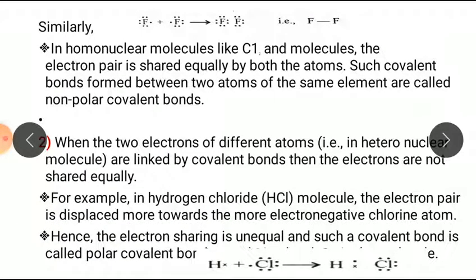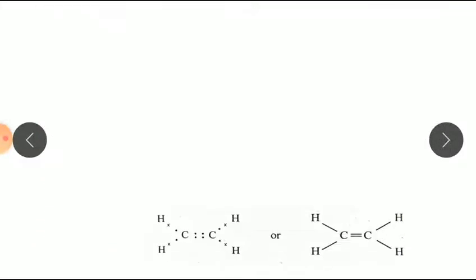Hence, the electron sharing is unequal, and such a covalent bond is called a polar covalent bond. See the example here in the HCl molecule: hydrogen has 1 electron and chlorine has a total of 7 electrons, but 3 pairs are there and one is unpaired. When this unpaired electron and the hydrogen's unpaired electron combine with each other, the HCl molecule is formed. This is the second example.